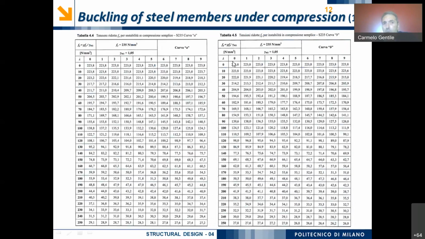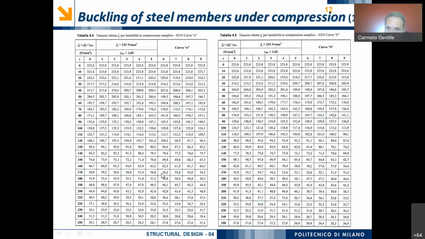When I increase the slenderness, for example to 85, what happens is that the critical load begins to become very effective. For example, let's look at a quite high value of the slenderness, for example 176. 176 is this number.